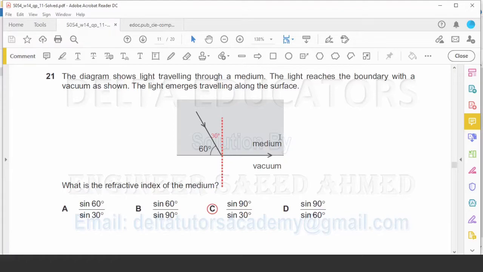So here light is traveling from denser medium to a rarer medium. That's why we have taken the ratio in between the sine of angle of refraction and sine of angle of incidence. So our answer is sine 90 over sine 30 and it is given in option C. So our correct option is option C.